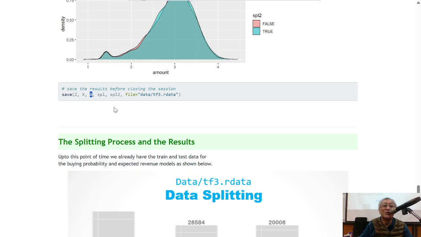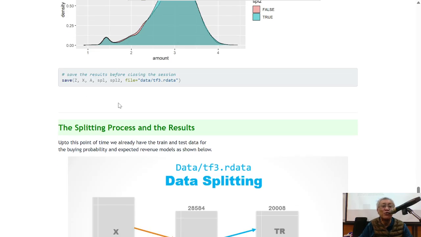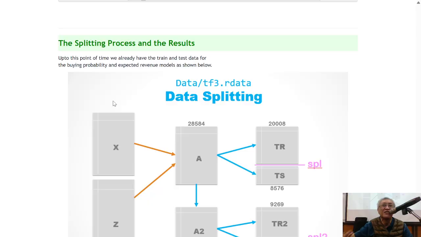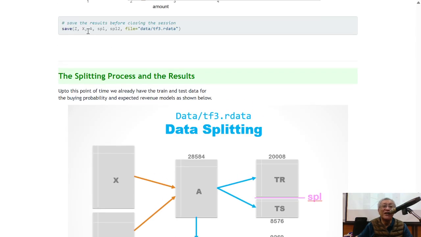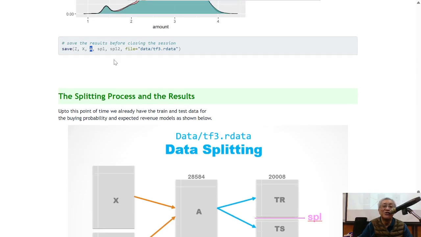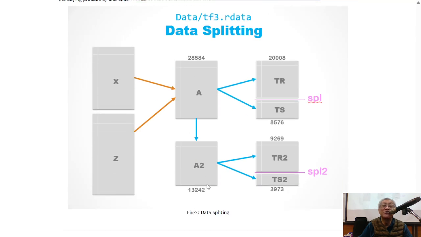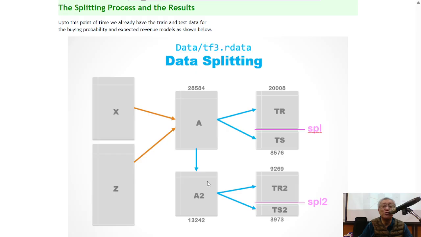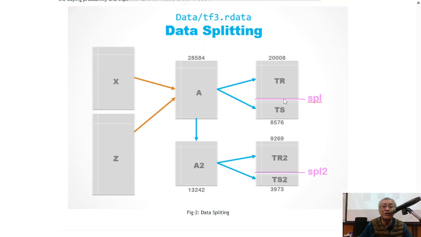Okay. So when you set the data, you don't want to set it redundantly, okay? You only set A, and then you can use the by variable within A to extract A2, right? And you don't need to set the training and testing separately.